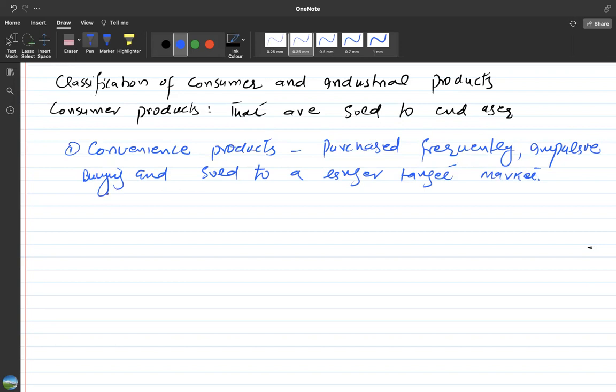The examples of convenience products might be soft drinks, toothpastes, toothbrushes, etc.